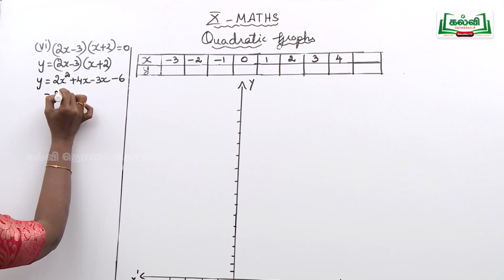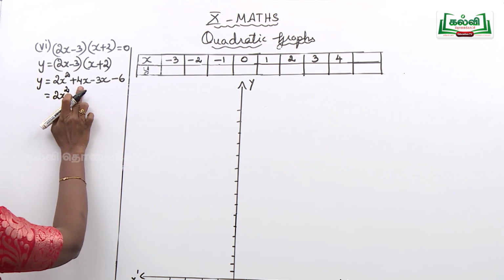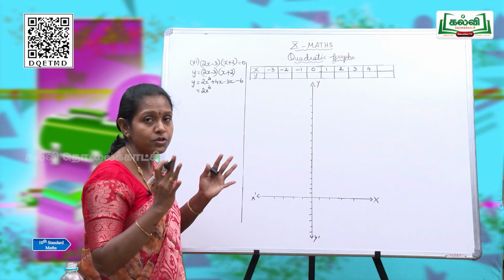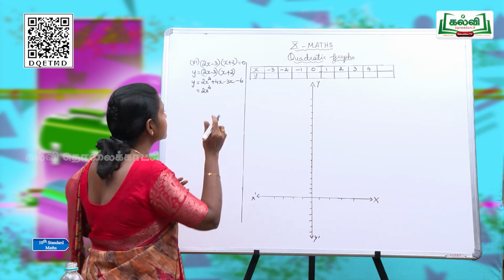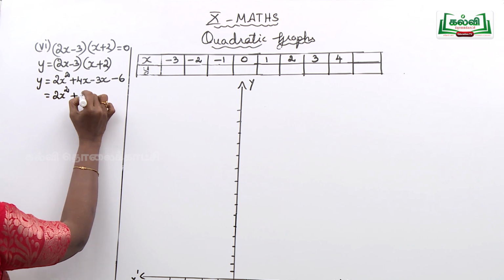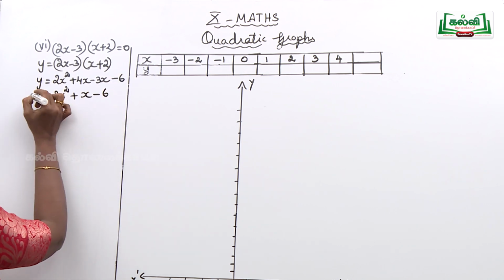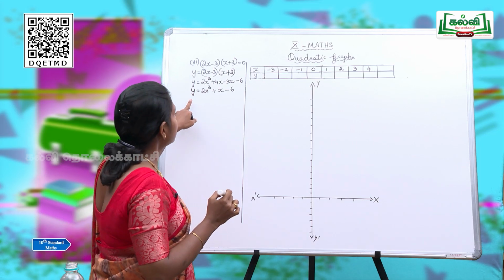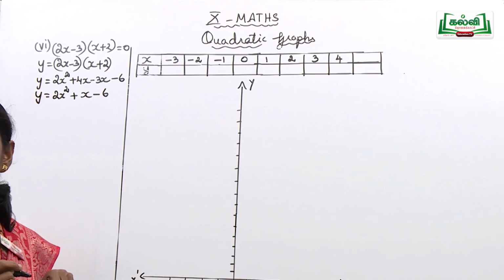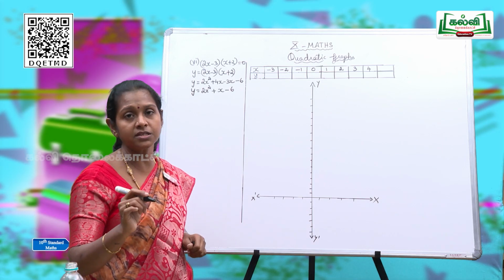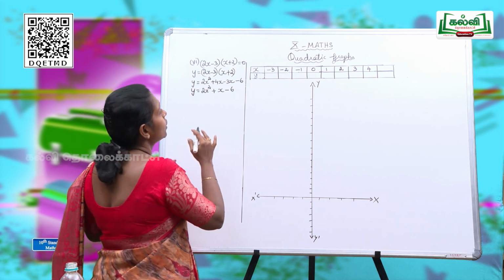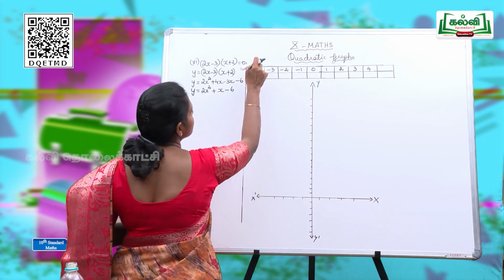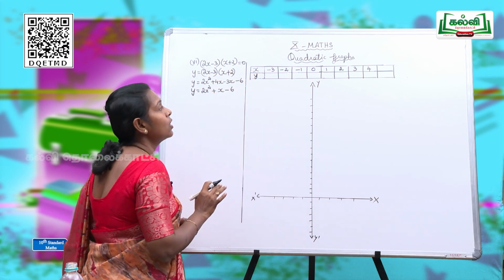Now you have to simplify. 2x squared plus 4x and minus 3x are like terms, you have to merge them. What will you get? 4x minus 3x is plus 1x, minus 6. So see this, y equal to 2x squared plus x minus 6 is nothing but what? Quadratic equation.